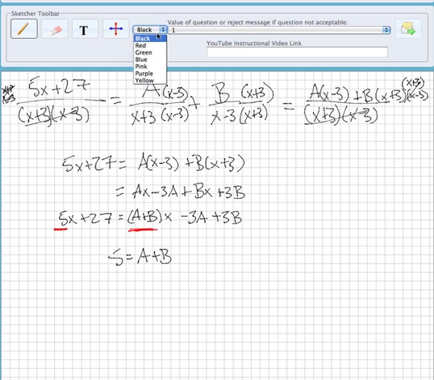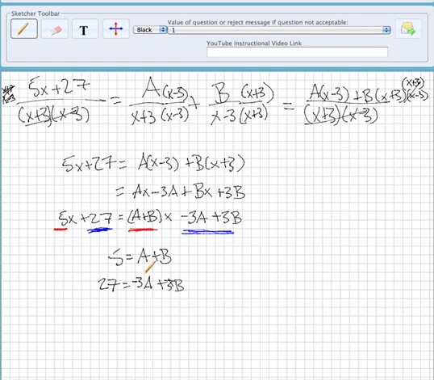All right? And now we're going to set all the non-x terms equal to each other on each side of the equation. So 27 is going to equal negative 3a plus 3b. So that's our second equation: 27 equals negative 3a plus 3b.